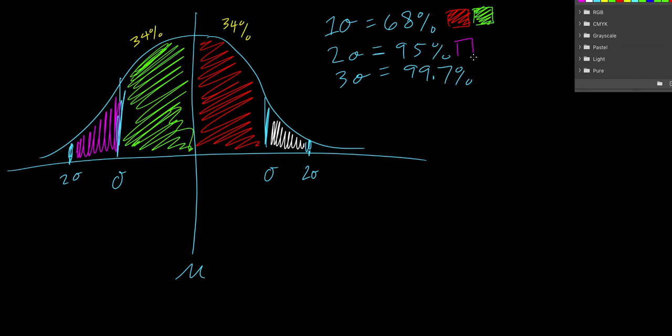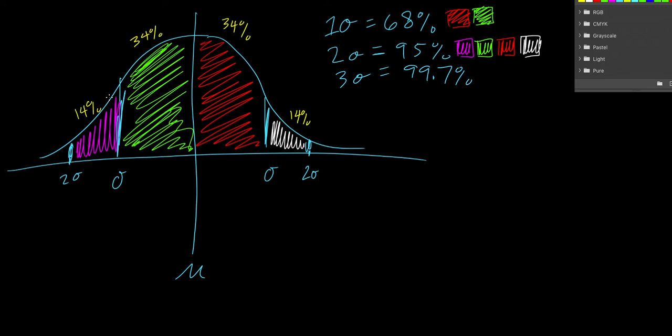Okay, so if we do magenta plus green plus red plus white, that's going to add up to 95%. Now the specific value of just the white, it's going to be 14-ish. It's like 13.6. Once again, it's 13.59.